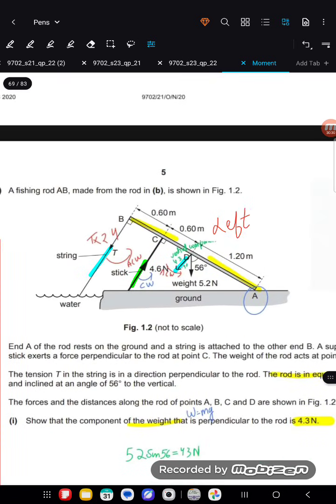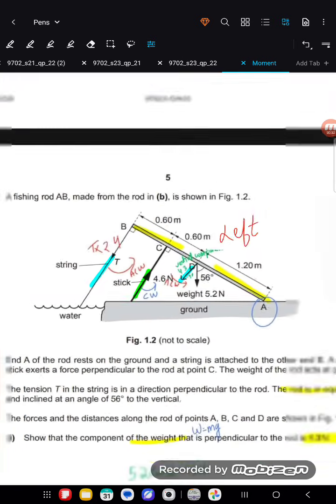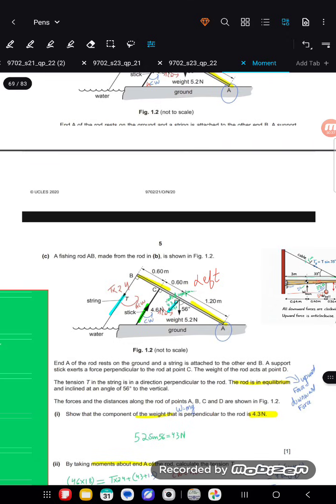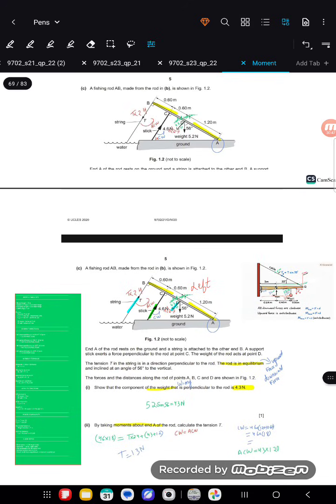Okay, we will take it as clockwise, and this tension is a downward force, and the vertical force is also a downward force, so we will take it as anti-clockwise. Okay, so you have to see where is the pivot and how it is acting. Okay, the forces are acting up or down. Just do it. It's very easy.